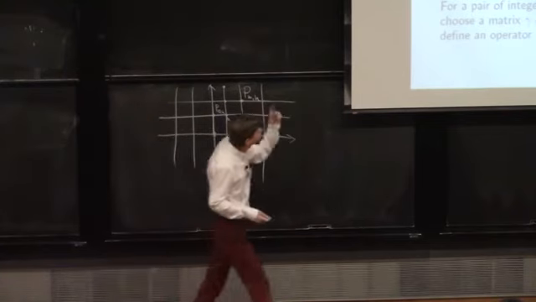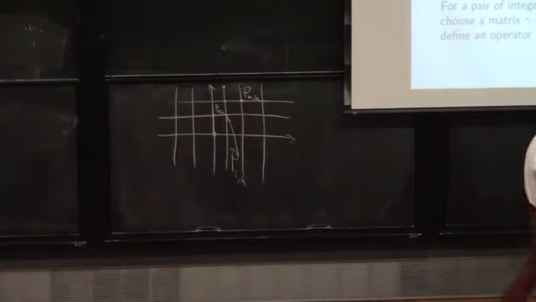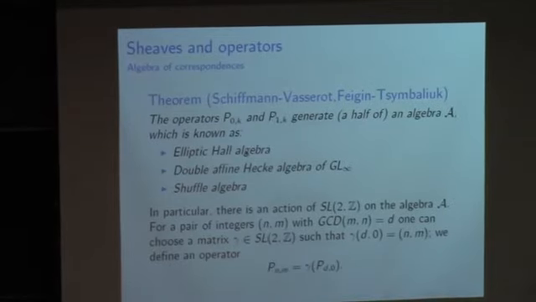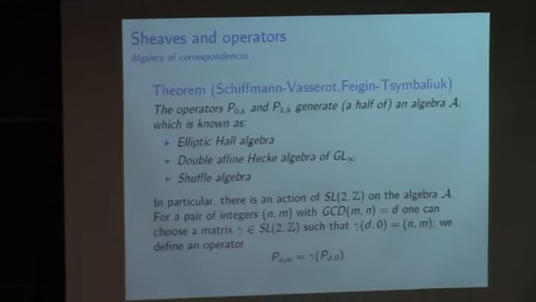But at least in one definition of this algebra, this elliptic Hall setting, you can define it as an algebra generated by the symbols P m n, and then there are some relations which you can read off from this lattice. So like the commutator of two things is some other combination of P m n's which is very explicit. And in this setup, the action of SL2Z that you have is just the action of SL2Z on this lattice. And all relations can be read off from the lattice and they're invariant under this SL2Z.